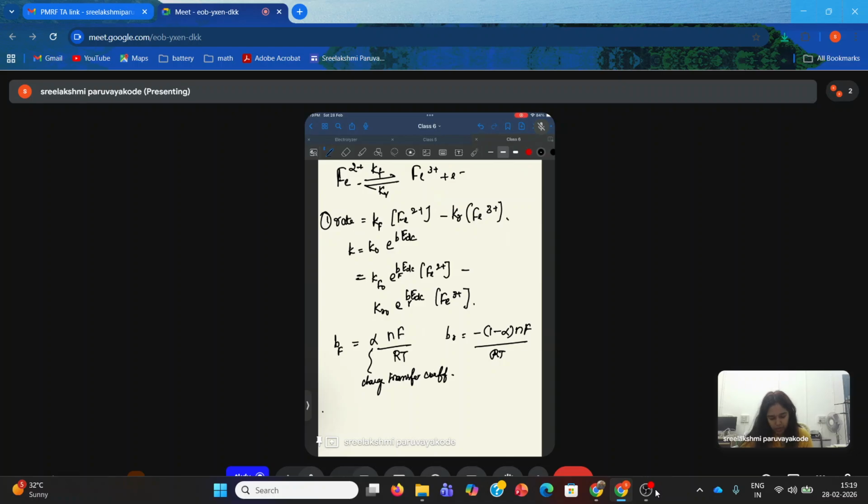So the next step becomes to write the charge transfer, the rate of the reaction. So that becomes nF kf0 e^(bf E) [Fe2+] minus kr.